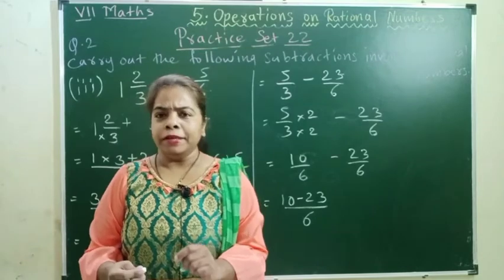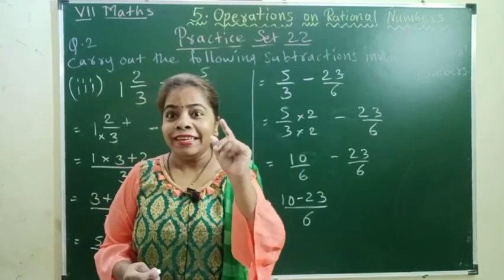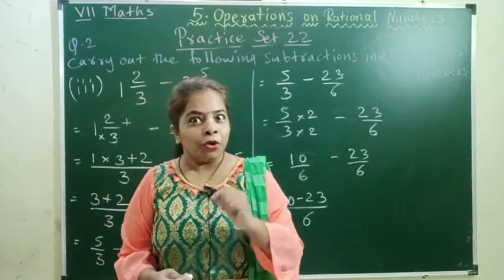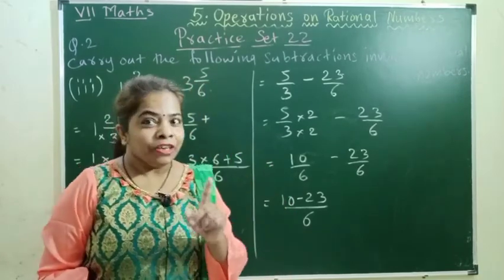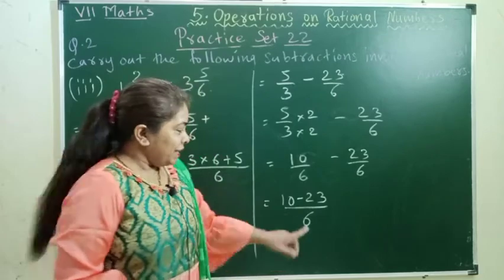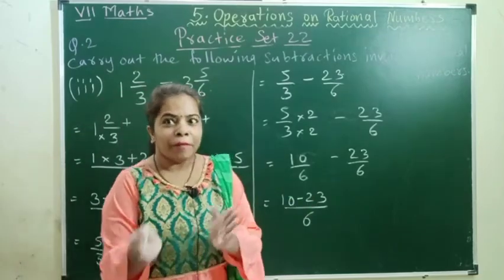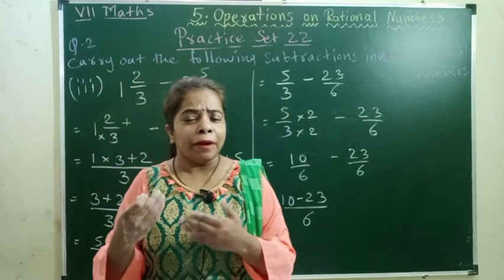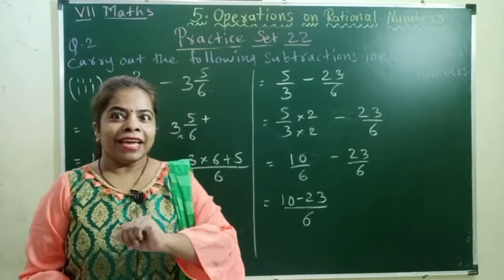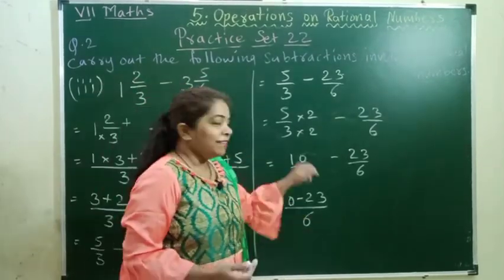10 minus 23. Rules of integers. What do the rules of integers say? Same sign add, different sign subtract. 10 minus 23, small number minus big number. 23 minus 10 will become 13, but the sign of big number is minus.